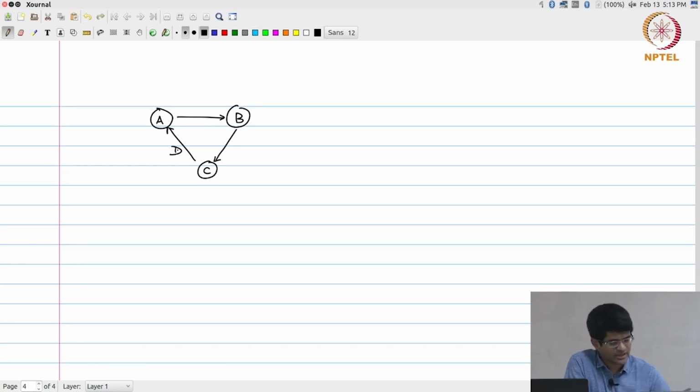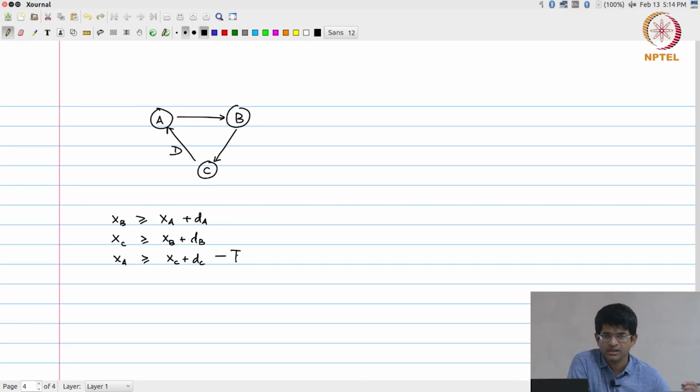And if I write down the constraints corresponding to this, what I will see is xb greater than xa plus dA, xc greater than or equal to xb plus dB. Now, I have xa must be greater than or equal to xc plus dC minus t, and that t that I have introduced has suddenly changed the whole thing.